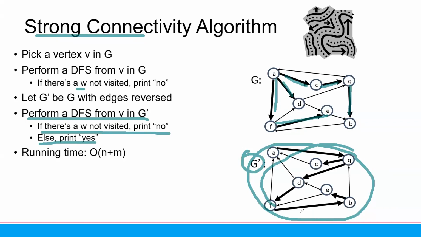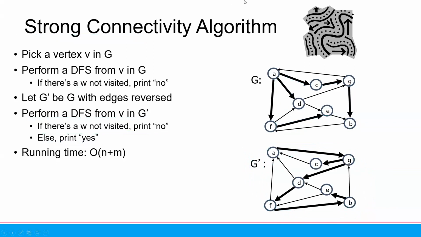If all are connected, then yes. Okay. The running time, if you are using DFS, we know that it is O(N plus M). So the idea is only finding the not visited.